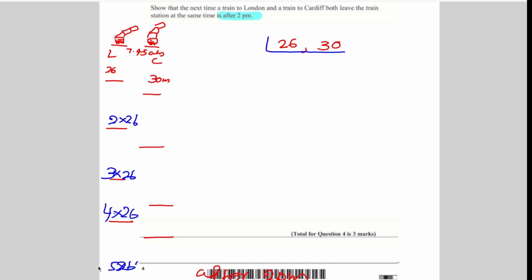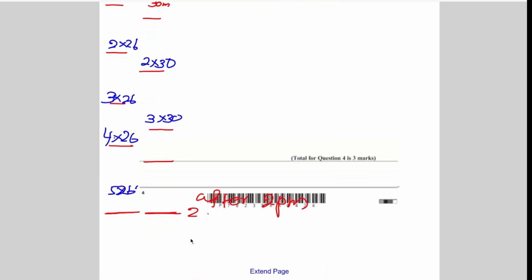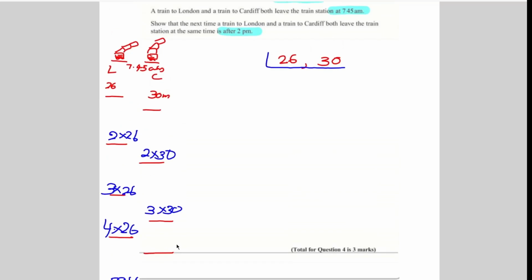So time is going like that. For the other, this is 2 times 30, 3 times 30, and it goes on like that. At one point, these two times align. So we need to figure out at what point. It might be 6 times 26, 6 times 30. Sometimes they will align. We need to figure out at what point they align.